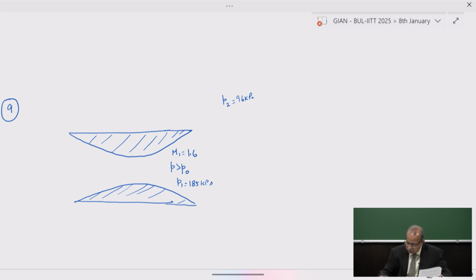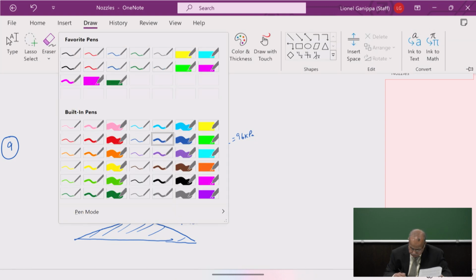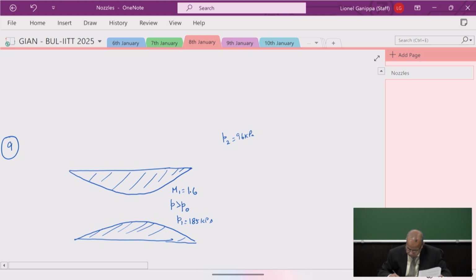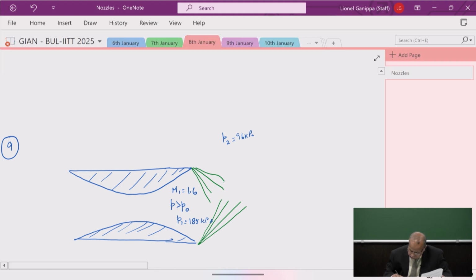Now, since we have a situation where the flow is under-expanded, we get the formation of an expansion fan. When you have an expansion fan, the net effect, what you see here, is the flow will turn.